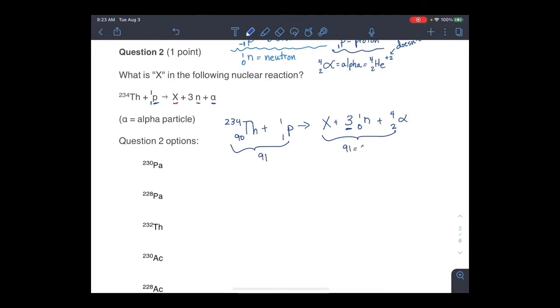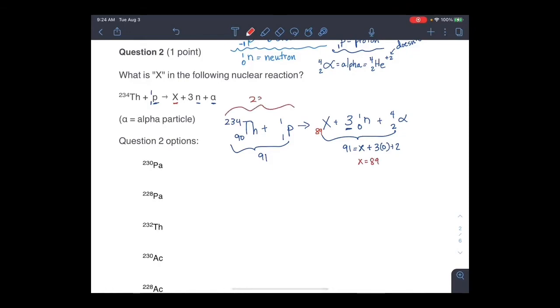So whatever is with X plus 3 times 0 for my neutrons, which is still 0, I don't have to write it, plus another 2 for my alpha particle must all add together to be 91. So this guy, let me change color, this guy must be 89. All right. I'll balance my top.